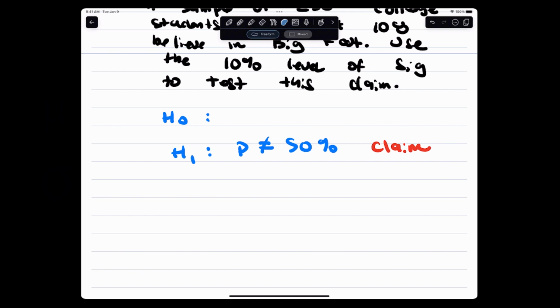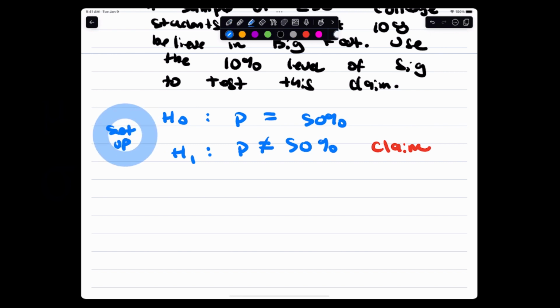Now, what else do you guys do? P, 50%. What's the inequality now? Equal. Don't those have to be logical opposites? You've got to set that up. Is that right?